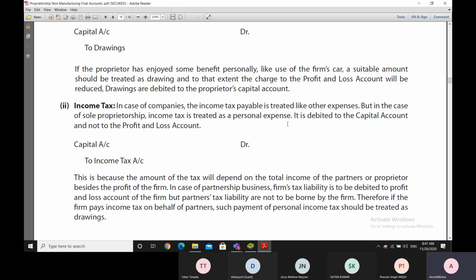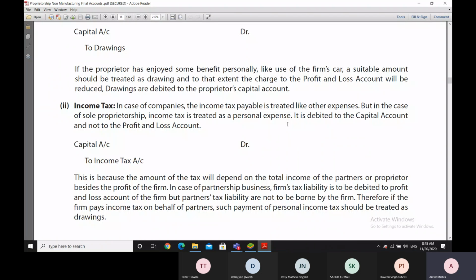Now the tax will be paid by the proprietor, not separately on every business, but rather in a consolidated way. So some businesses may be going in loss, some businesses may be in profit, so everything will get squared off and netted. And thereafter, the proprietor will pay his income tax.